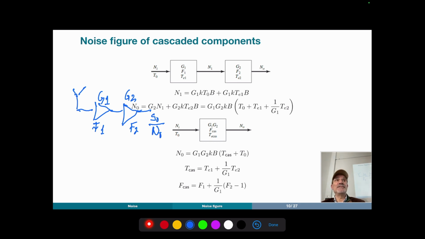For example, in wireless communications or in Wi-Fi, the signal that the receiver is receiving can be very, very low, and so you need to amplify the signal quite a lot to be able to detect it.